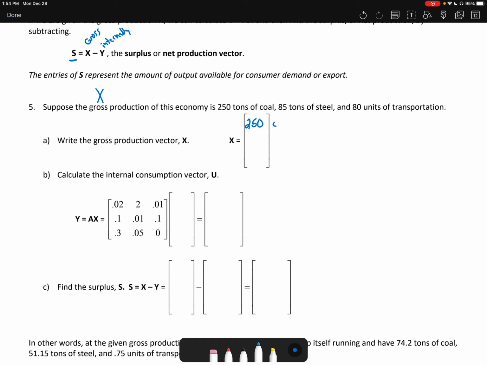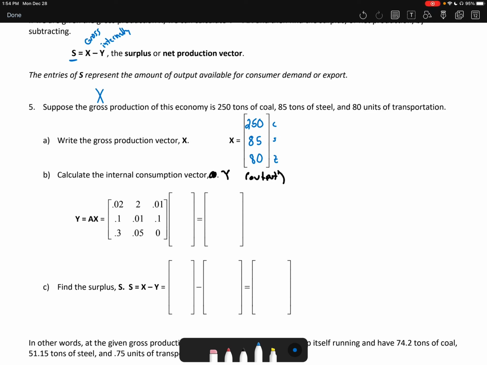That's 250 for C, 85 tons of steel, and 80 units of transportation. So that's their gross production. First, let's find, sorry, there's a typo here, that internal consumption vector Y, or that output for each of the sectors.